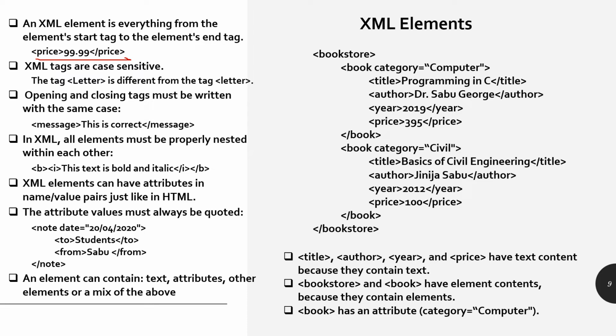As I mentioned earlier, XML elements are case sensitive. See, this tag's letter starts with a capital letter L. That is not the same as the small letter. So this is different from this letter, not the same.